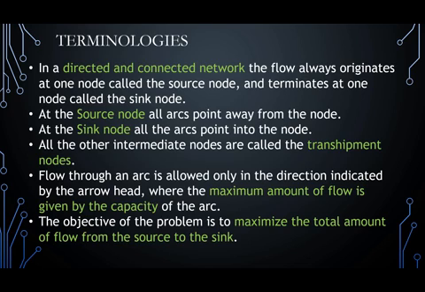These pipes have a certain diameter, so they have a certain capacity. They can allow certain liters of fluid to flow through them. Our basic idea is to see to it that from the source tank to the sink tank, through various pipes, the maximum amount of liquid will flow within a unit time. So this is called your max flow problem.